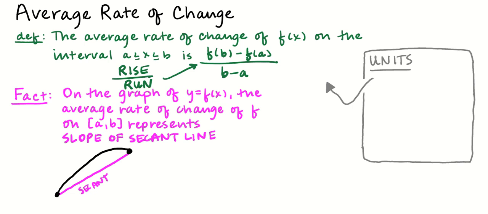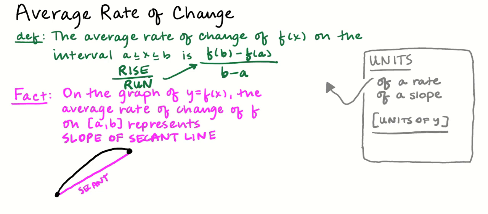And the units of a rate of change or of a slope or, later on we'll call it a derivative, okay? So the units of a rate of change or of a slope is going to be units of the dependent variable, which is oftentimes y or f or whatever, divided by units of x or whatever the independent variable is.